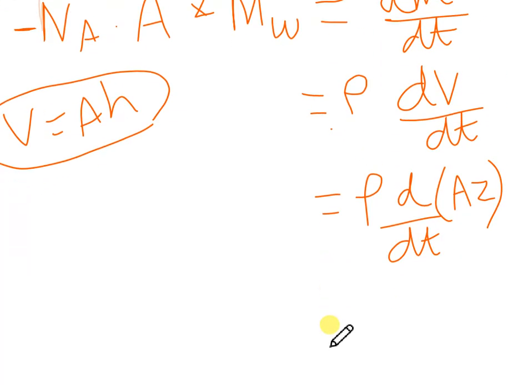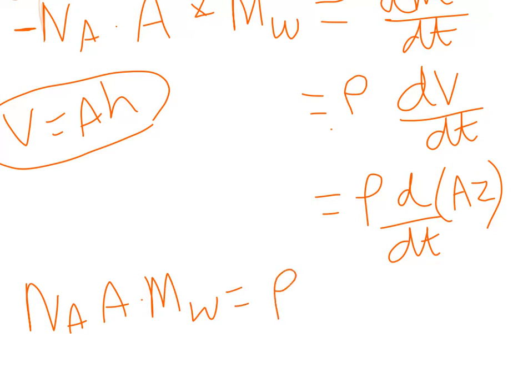Okay, so flux Na times A times molecular weight is rho, A will come outside, and then d over dt. Now the z is the height of the liquid, right?